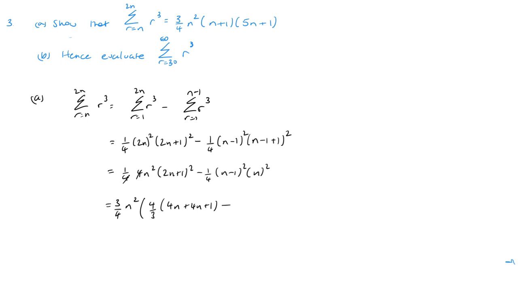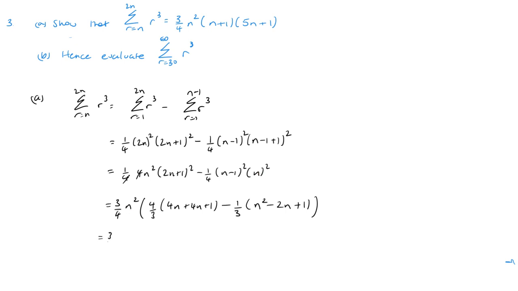Now if I take 3/4 out of a quarter, this is going to give me 1/3. n minus 1 squared, so that's n squared minus 2n plus 1. Okay, and you can just double check them. So 3/4 times 4/3 gives me 1 n squared. 3/4 times 1/3 gives me 1/4, and there's my n squared.